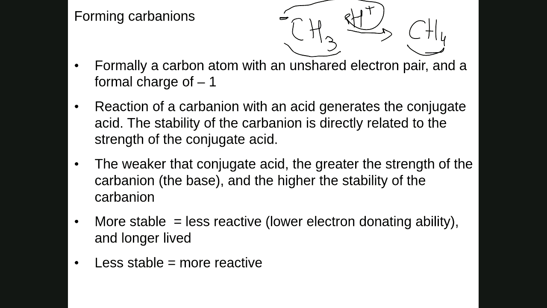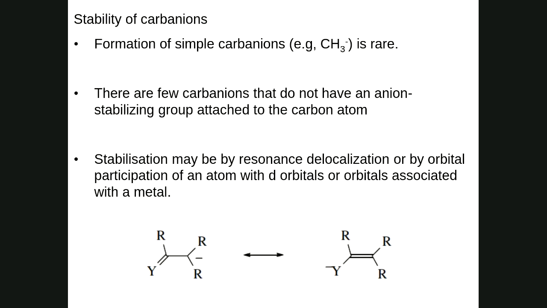Methane and alkanes in general are terrible at stabilizing negative charges, and the carbanions are actually very reactive. So simple carbanions derived from methane, ethane, propane, that sort of linear alkanes, are rare. They are difficult to stabilize.